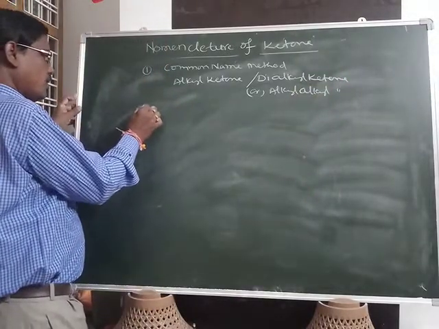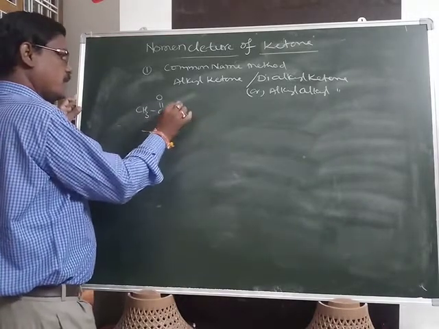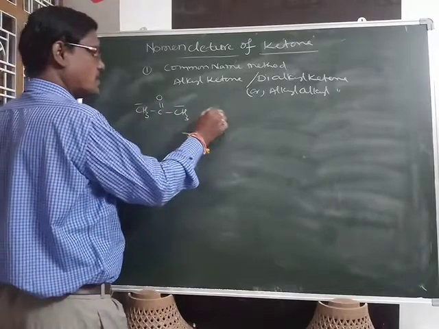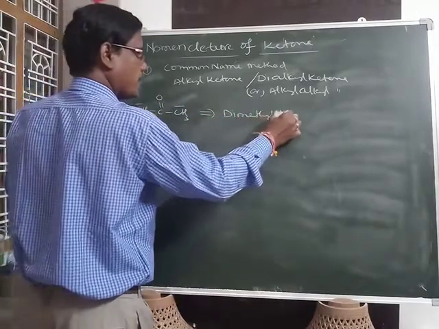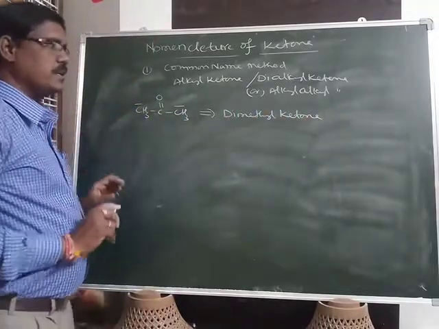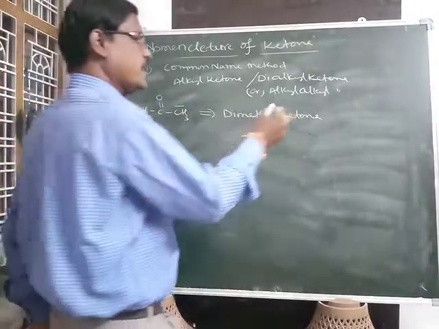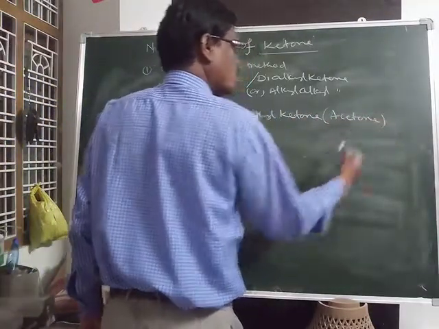The first ketone is this one. Here there are two methyls, that's why it's called dimethyl ketone. Only this compound also has another common name, acetone.